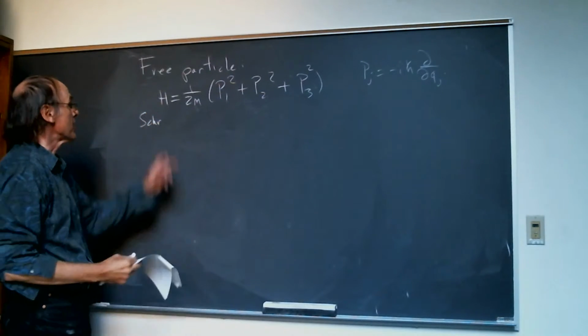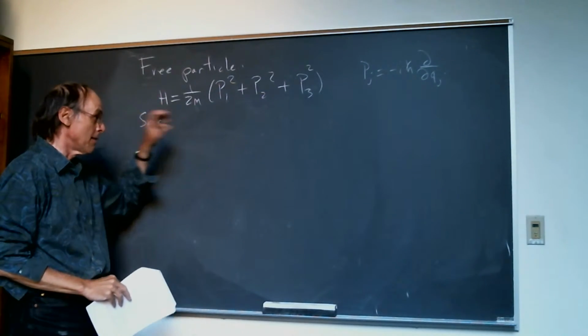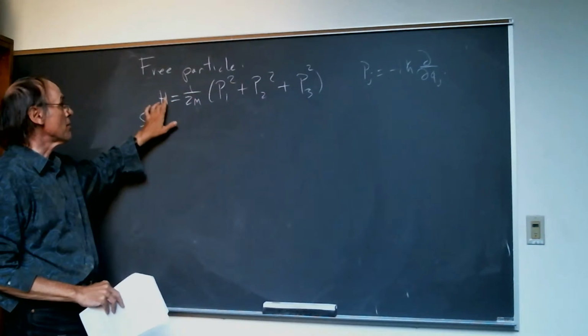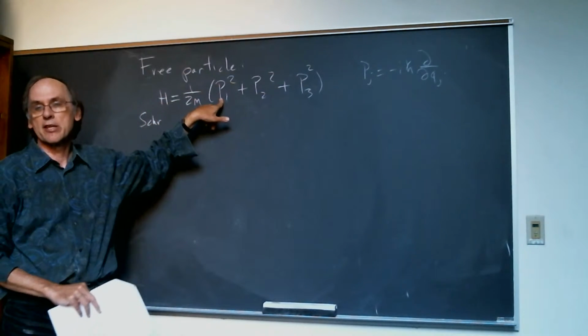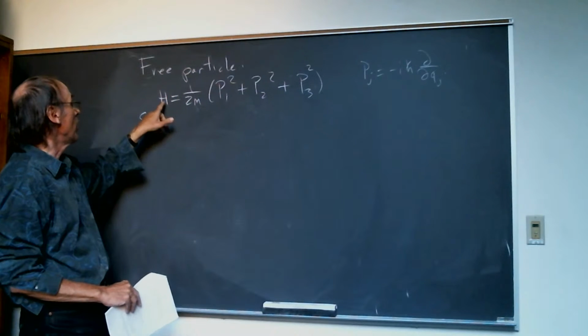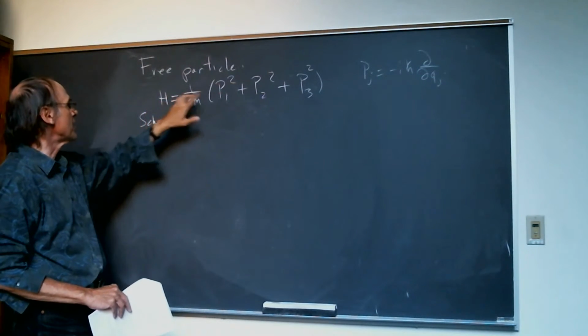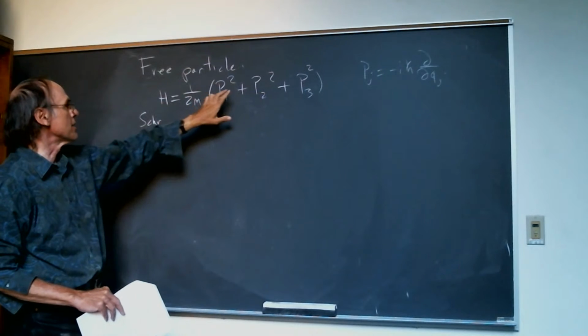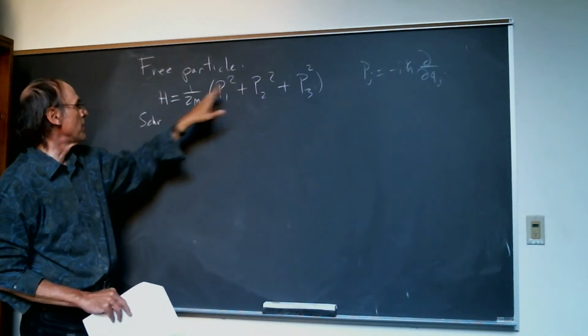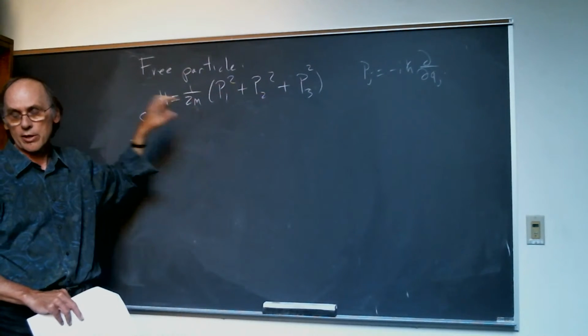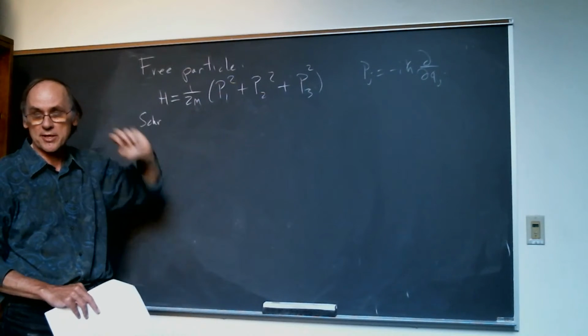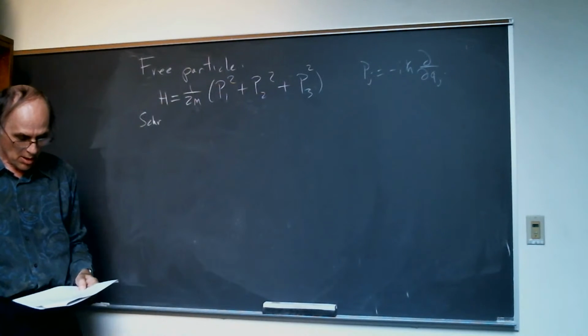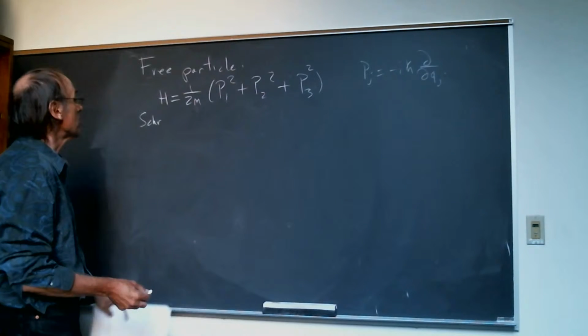The motivation is that if this is energy and this is momentum in the classical sense, then the kinetic energy of a free particle is the sum of the squares of momenta divided by 2m, or half the sum of the mass times the velocity squared.